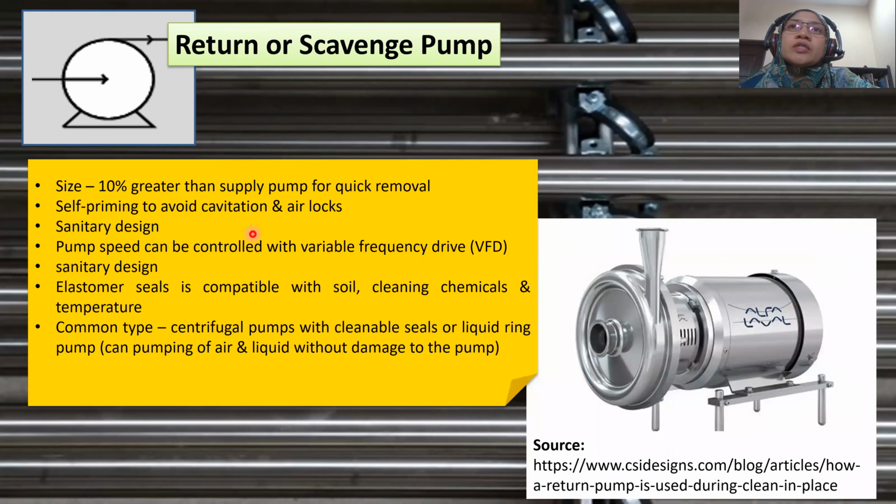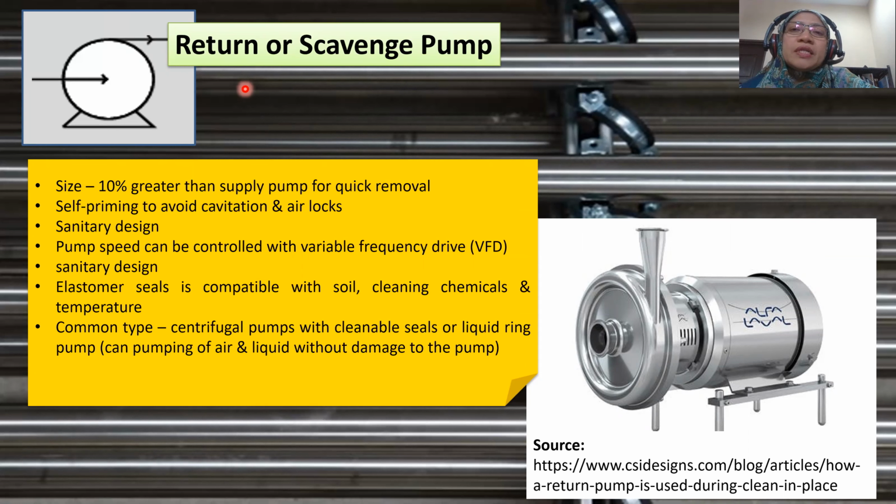Now let's look at the return or scavenge pump. A return pump is used to pump the solution to the cleaning station or to the drain after the solution has flowed through the processing system. The return pump must quickly remove the used solution from the process lines at a rate 10% greater than the supply pump.